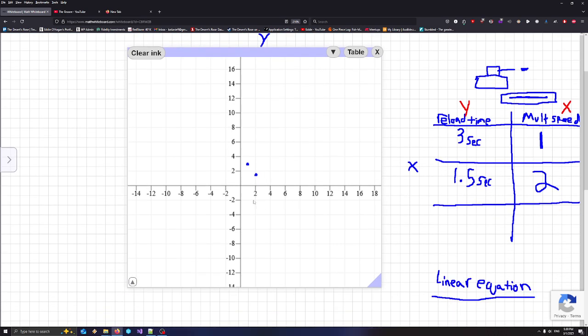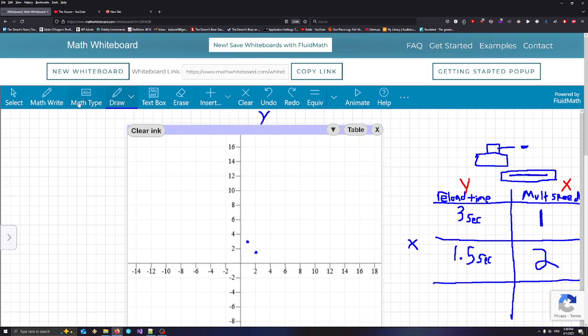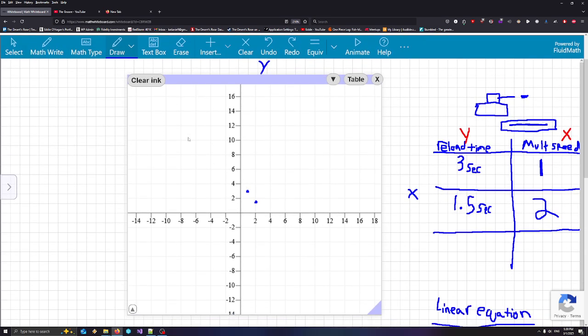So we have those 2 points. And the more points that we could actually provide, the better our equation might come out to be. But we have enough to actually make an equation to give us, whenever we put in a reload time, we get out a multiplication speed. So let me draw this line now. So you can kind of see the line would look like that with our data so far.